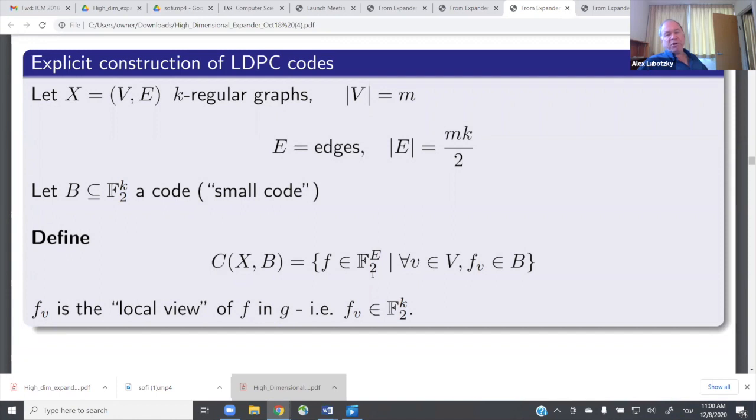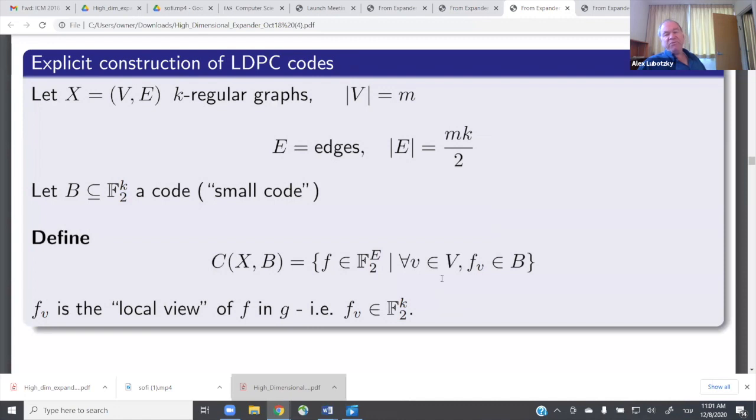So this is like putting zeros and ones on the edges of the graph. The full space will be of dimension n, which is the size of E, but the code is going to be a subspace. What will be the subspace? The subspace will be the following.